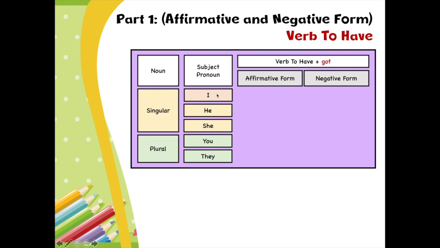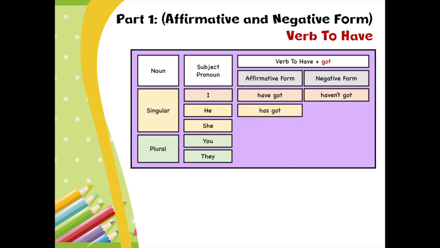For I, the affirmative is have got, and the negative form is haven't got. For he and she, the affirmative form is has got, and negative is hasn't got.